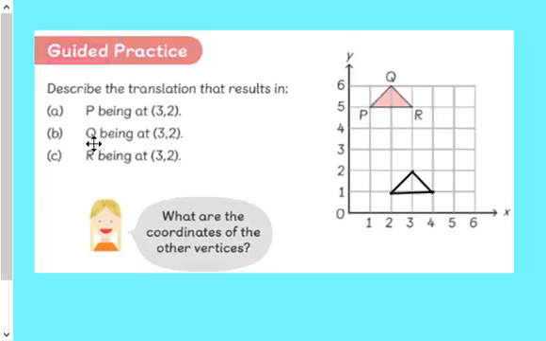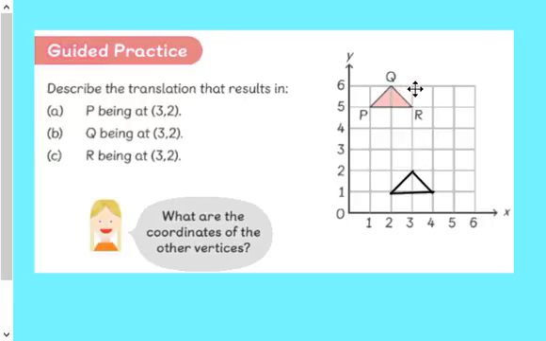Okay, so the second question then, Q is going to be at 3, 2. So you can see this is Q, and it's going to be 3 across and 2 up. Okay, and what we have then is that we will need to work out what that translation is. So it will be 1 to the right, and 1, 2, 3, 4 down.